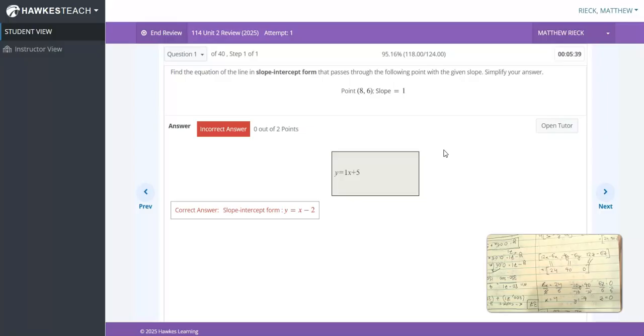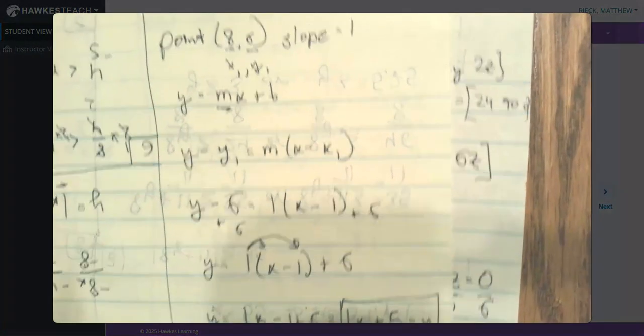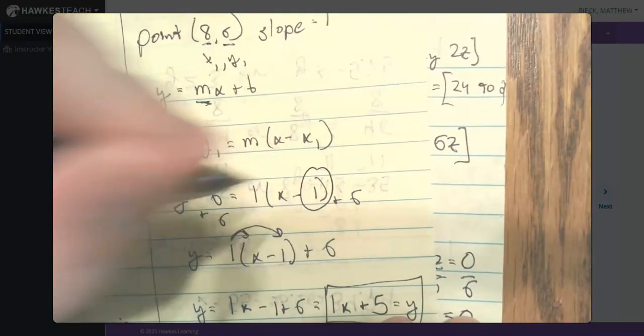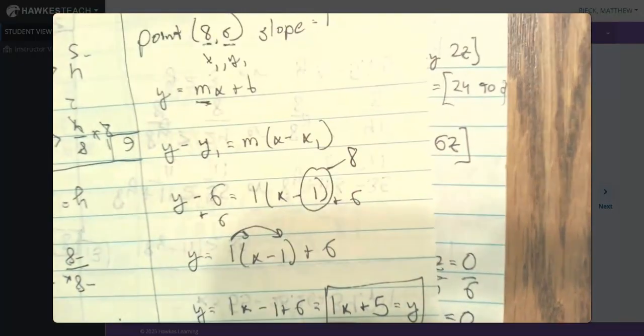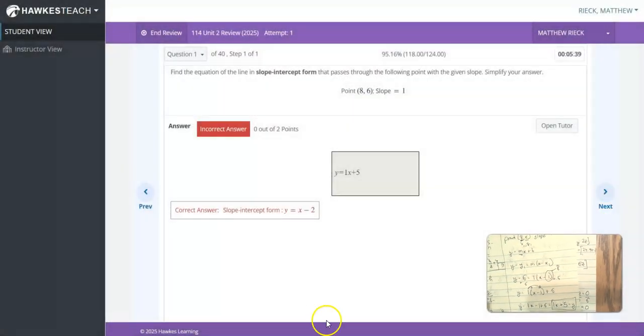Let's see here. So we have point is 8, 6, slope is 1, yep. So we have y minus 6 equals 1. I see what I did. This should be an 8. Yeah, this is x1. Silly mistake there.